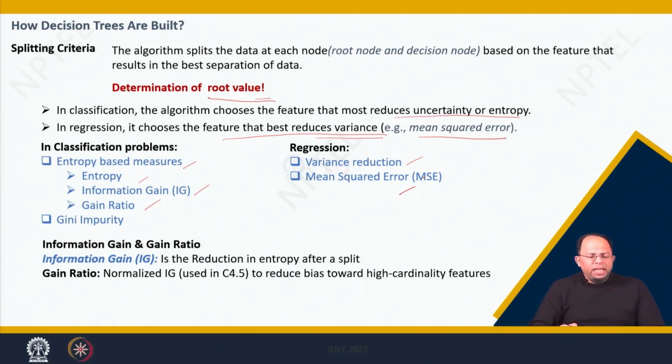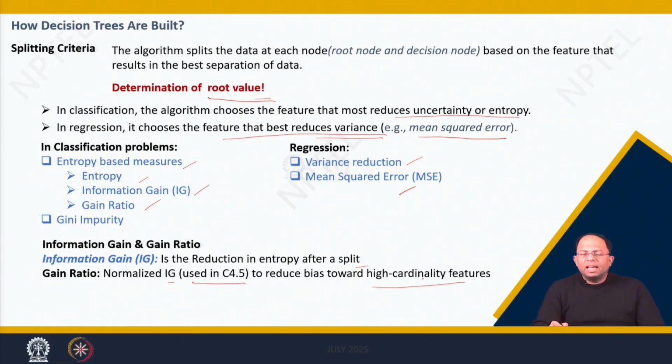So information gain is basically the reduction in entropy after a split. What is entropy? Entropy is uncertainty. So after a split, if the uncertainty reduces, that is actually desired. And gain ratio is basically a normalized version of information gain, which is used in one of the algorithms known as C4.5 to reduce bias towards high cardinality features.